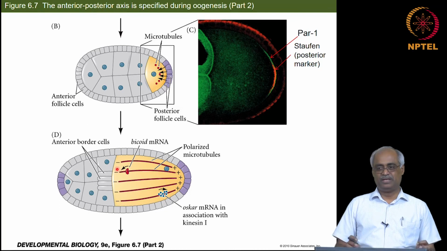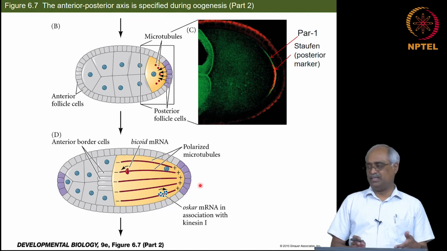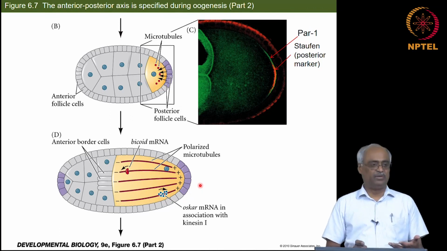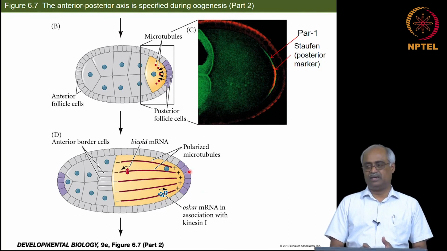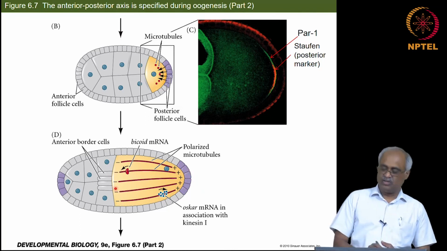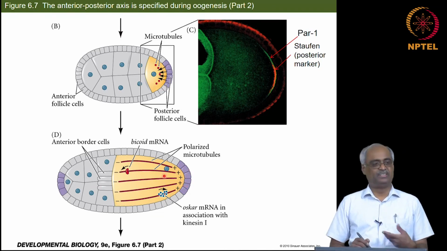So the oocyte really becomes big, and therefore this asymmetric localization is now going to make sense, because there is genuinely going to be asymmetry. In a bigger cell, bicoid from here to here, there will be a concentration gradient. Similarly Oscar, you will have the opposite gradient. So this is how the front and back of the oocyte gets formed.